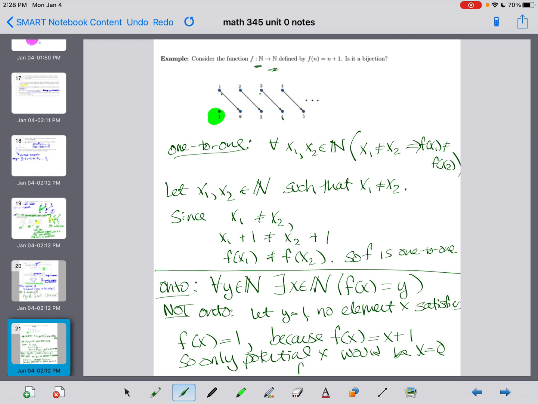But x equals 0 is not in the domain. It's not a natural number. So no natural number is going to map to 1. Therefore, the range is not equal to the codomain, so this is not onto. And since it's not both 1-to-1 and onto, this is not a bijection.